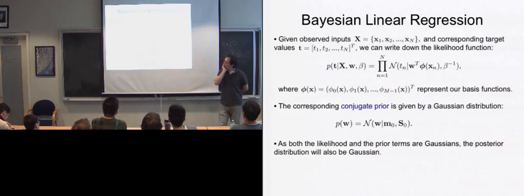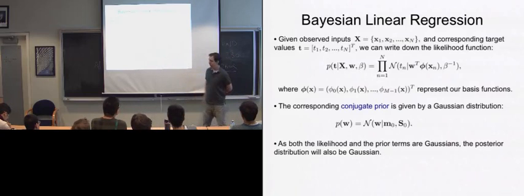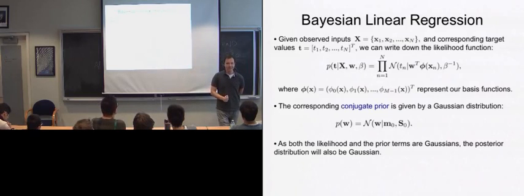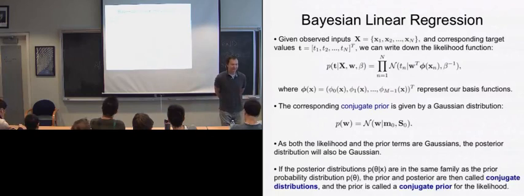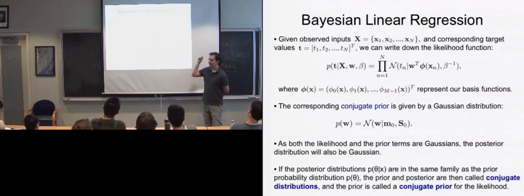Now, both the likelihood and the prior are Gaussian. The likelihood is Gaussian, the prior term is Gaussian. So the posterior distribution will also be Gaussian. That's just one of the things: if you multiply a Gaussian likelihood by a Gaussian prior, you can show that the posterior is actually Gaussian. I think on one of your homeworks you'll actually derive it analytically yourself.